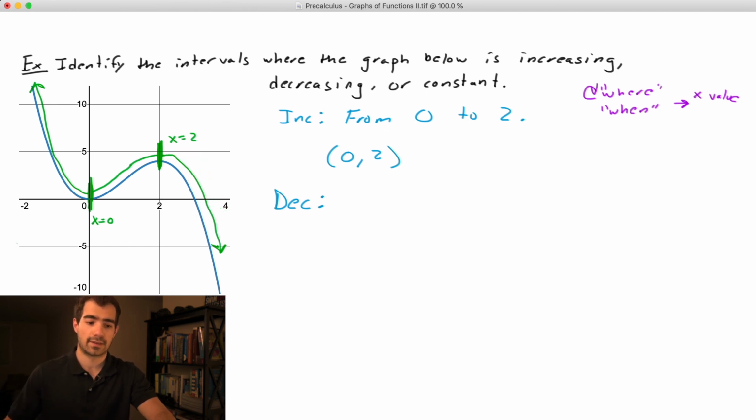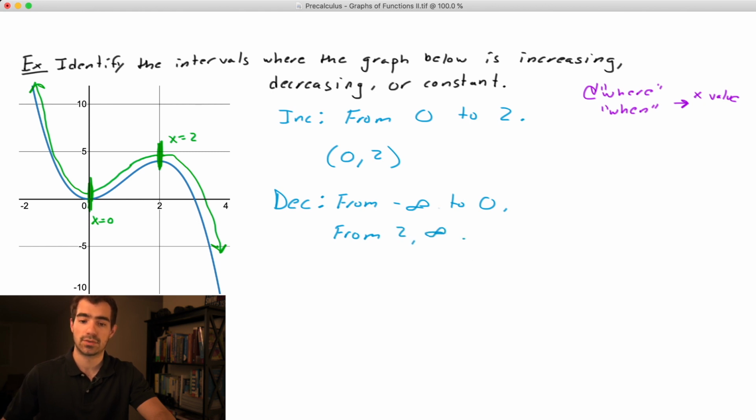And so everything from negative infinity all the way up until 0, that's going to count. And so we can say from negative infinity to 0, but also everything from 2 to positive infinity.